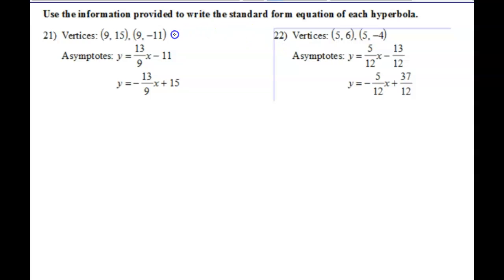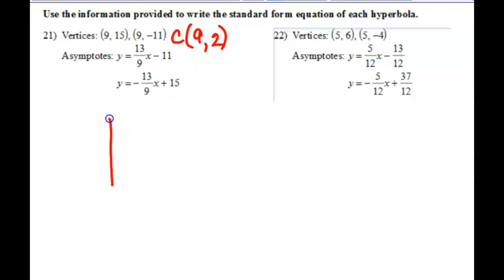Okay. Given the vertices, so can we find the center? What's in the middle of (9, 15) and (9, -11)? 9 something. What would 15 and -11 be? 4 divided by 2 would be 2.